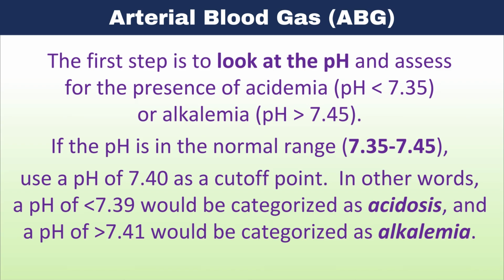If the pH is in the normal range, use a pH of 7.40 as a cutoff point. In other words, categorize a pH of 7.37 as acidosis and a pH of 7.42 as alkalemia. That means if the pH is below 7.4, we consider it acidosis. If it is above 7.40, we consider it alkalosis.